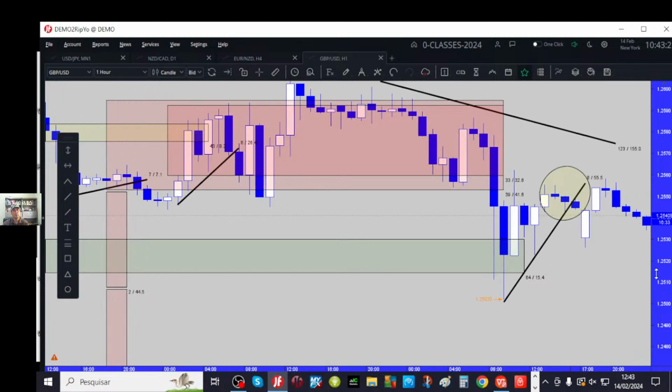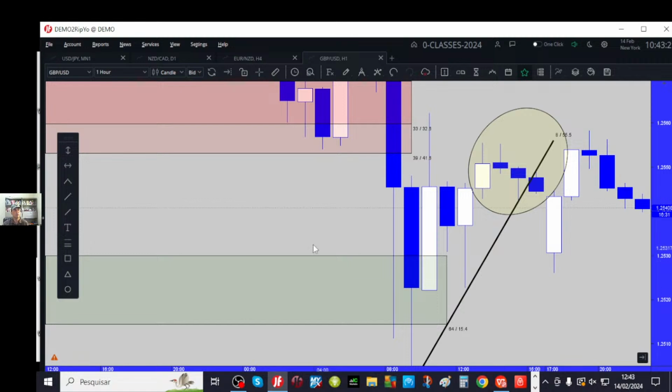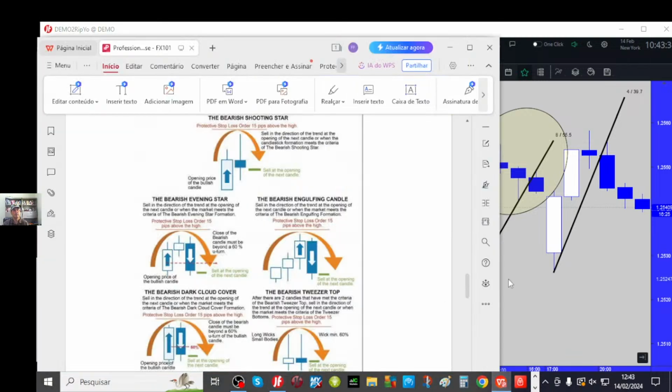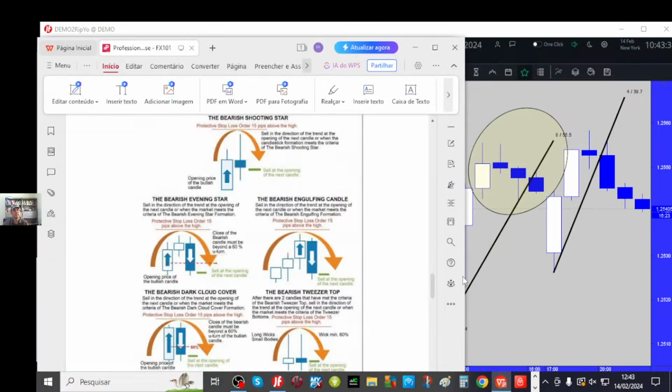But on the next one, right? The next one, now this is, can you see, everybody, the difference? Give me a second. Alright. Look at this one. I mean, this is a beautiful, beautiful bearish evening star. It cannot be better than this. Maybe with the color, but bullish body, doji in the middle, small decision and huge bearish.